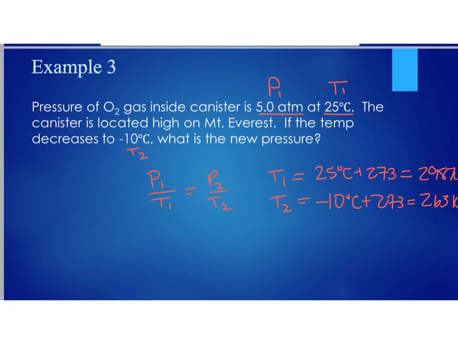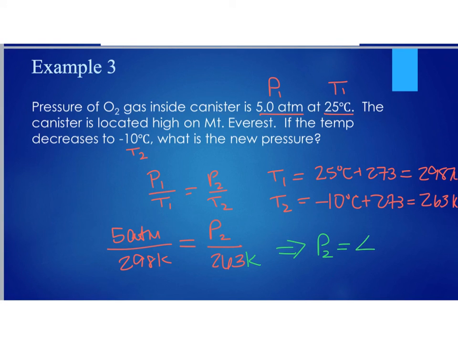So now when I plug in everything I know, I have 5 atmospheres over 298 Kelvin, and that should equal my pressure 2, which I do not know, divided by the second temperature, which is 263. So again, if I multiply both sides by 263 Kelvin, this tells me that my pressure 2 is going to be 4.41 atmospheres, and that would be my second pressure.